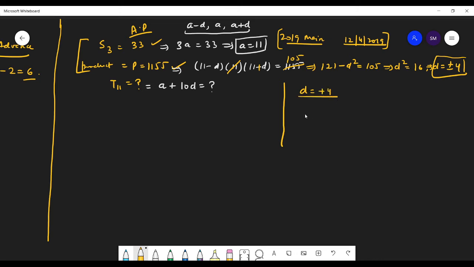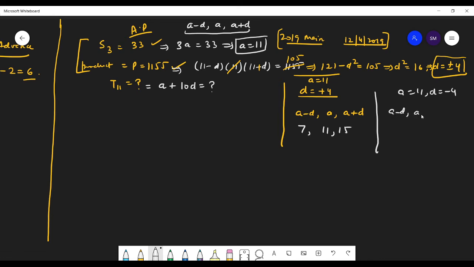The terms are a minus d, a and a plus d. A is already given as 11. So the 3 terms are 7, 11, 15. Now a is 11 and d is minus 4. Tell me the 3 terms that you get. 15, 11 and 7.